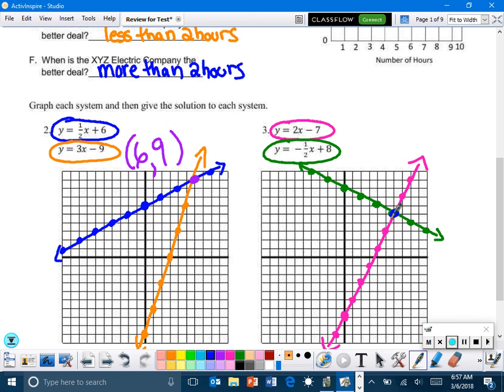That is the solution. So they cross each other at 6, 5. All right, moving on.